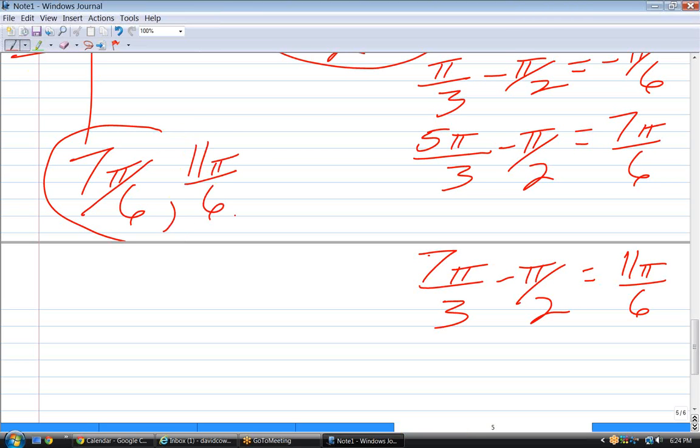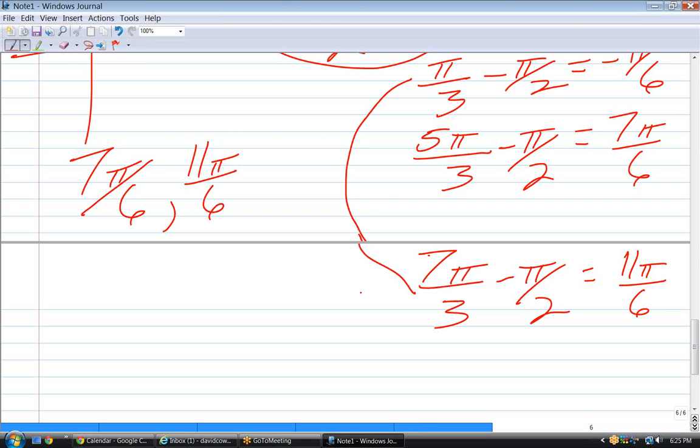Let's keep going, because we still have not reached our 3 pi domain. So where's the next place? Okay, notice these are separated by 2 pi. Well, the next place is going to be 2 pi more than 5 pi over 3. If I add 6 pi over 3, I get 11 pi over 3.